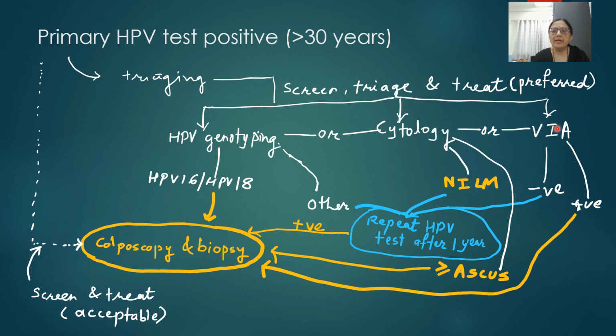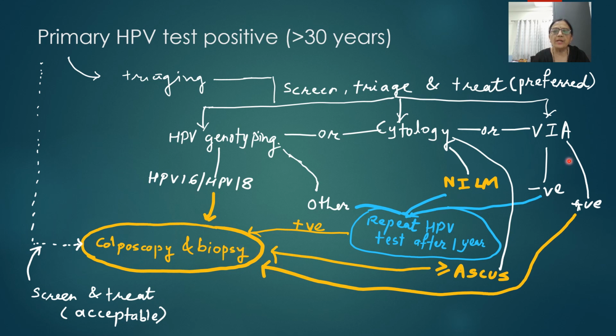If we are using VIA and there are no acid-white areas, again it is an indication to repeat primary HPV test after 1 year. On the other hand, whenever there is a high risk report such as presence of HPV 16, 18, or cytology is showing anything above or equal to ASCUS, that is either ASCUS, LSIL, or ASC-H, that is abnormal squamous cells where HSIL cannot be ruled out, or HSIL, any of these four will be an indication to proceed with colposcopy and biopsy.